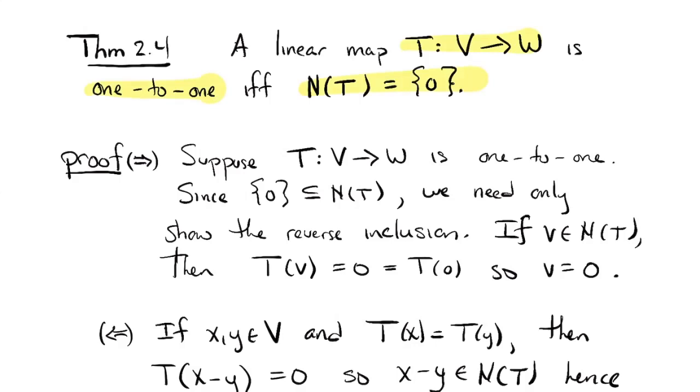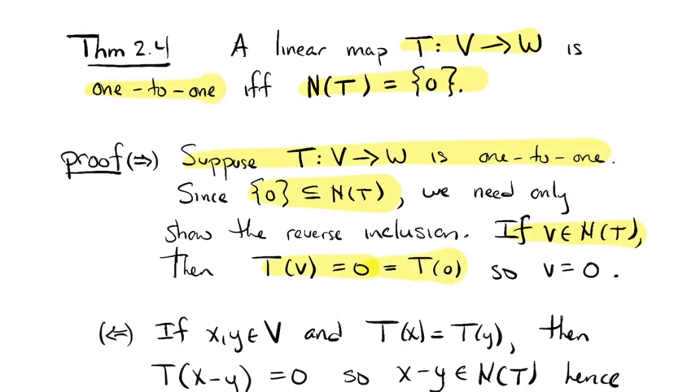All right, so it's an if and only if proof. Let's suppose that we have a one-to-one map. We know T of 0 is 0, so 0 belongs to the null space, so we only have to show the reverse inclusion. So if you take something in the null space, it means that T of v is 0.